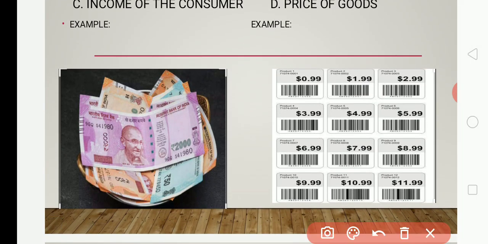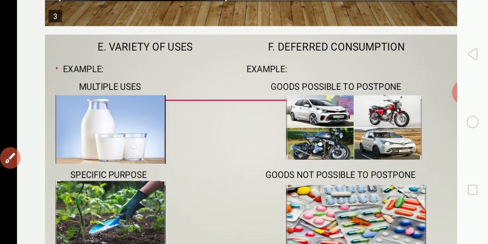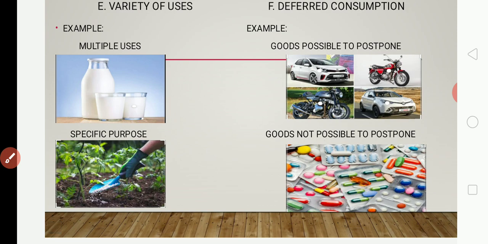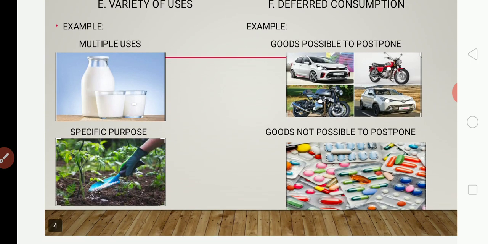Next we go to income of the consumer. When the income of a consumer is less, the demand will be elastic, and if the income of a consumer is more, it is inelastic. The prices of the goods, whether low or high, determine elastic and inelastic accordingly. Next, variety of uses. For multi-purpose goods, the price elasticity of demand will be elastic.